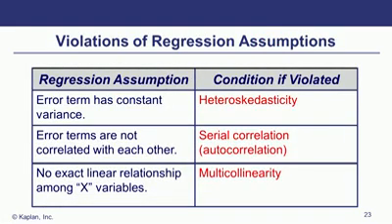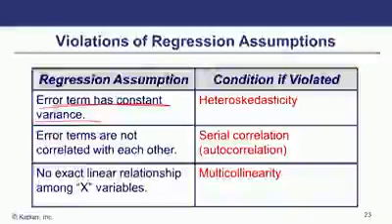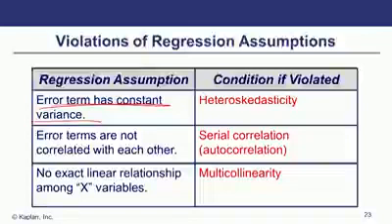Okay, now let's look at those famous violations of regression assumptions. First, let's remind ourselves of the actual assumptions we are going to be violating. We said that we want homoskedastic error terms, in other words, error terms that have constant variance. If you violate that, you get heteroskedasticity. Secondly, we want error terms that are not correlated with each other.